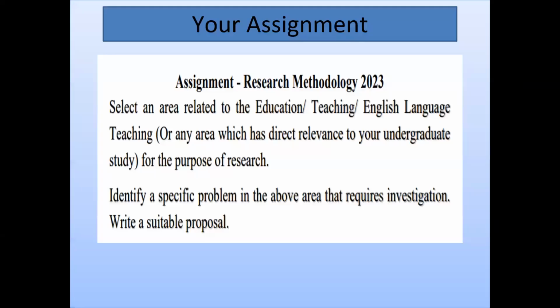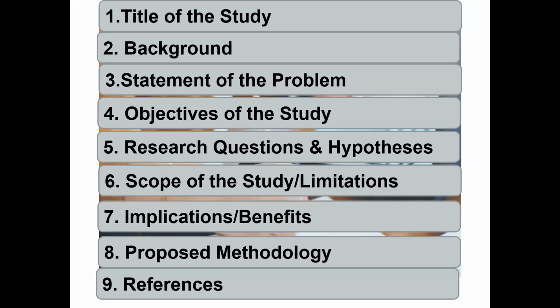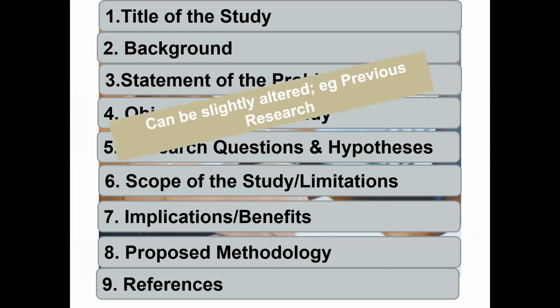I have explained the assignment clearly. Guidelines and a tentative format have been given, but you can change the format slightly. These are essential parts in the proposal, but you can incorporate other parts as well, like previous research. If you like, you can use it under background or separately.